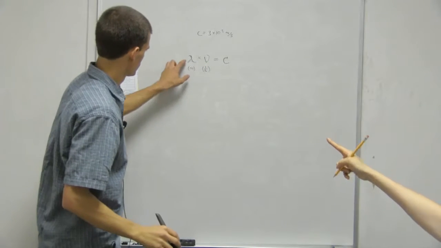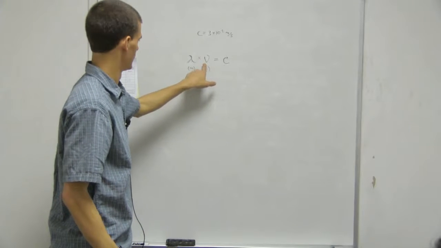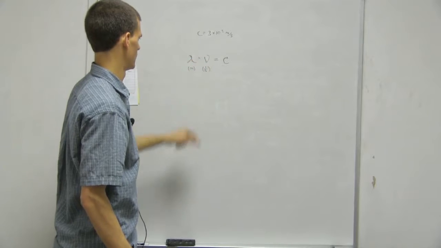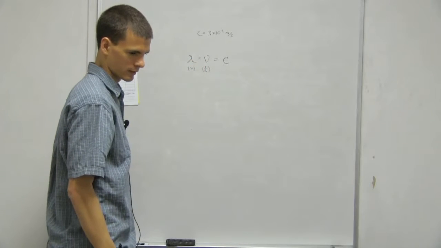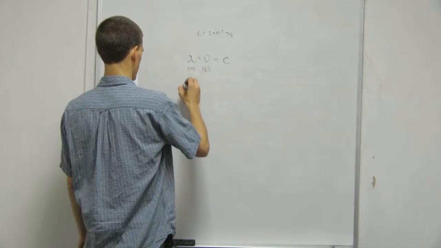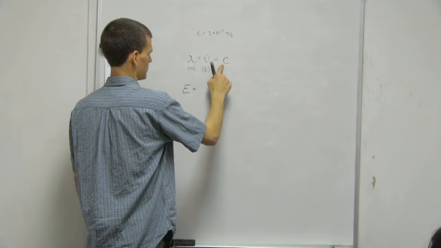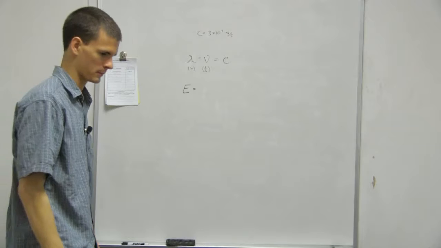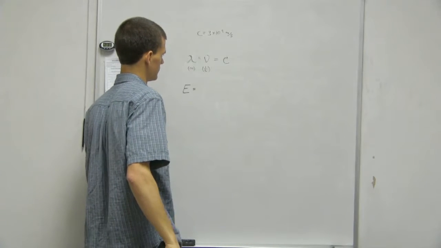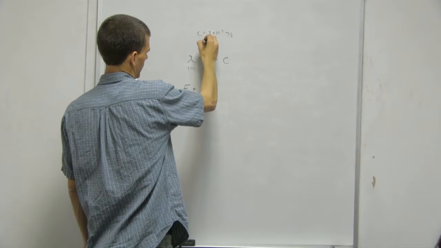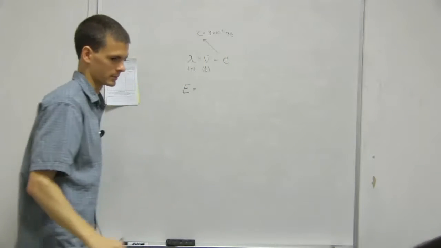Frequency is a little cursive v with a little lip on it. And C is the speed of light, which equals 3 times 10 to the 8th meters per second.